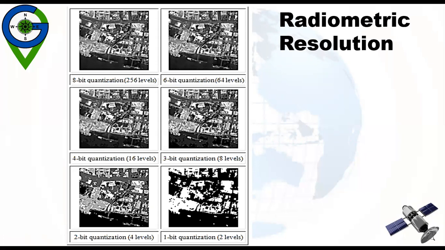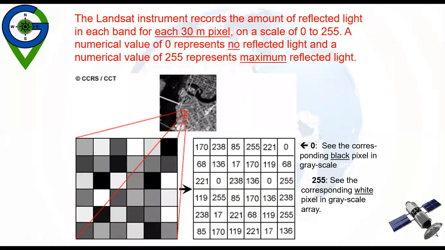So we have 256 levels, meaning 256 gray shades. The amount of information that can be extracted from a particular image increases as the number of gray shades increases.